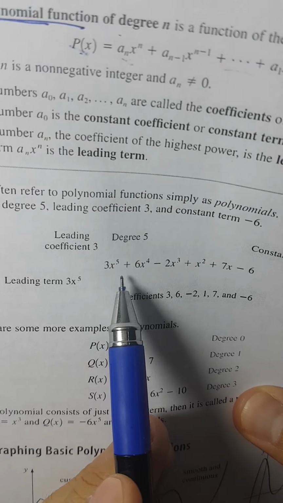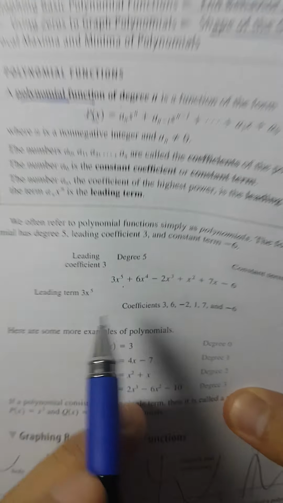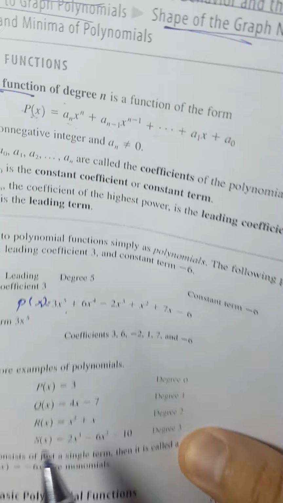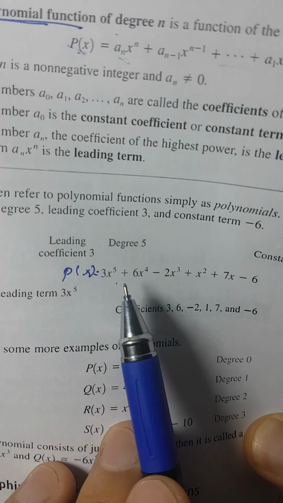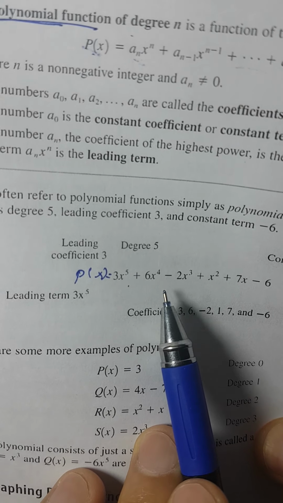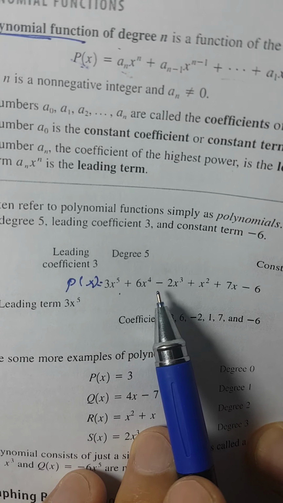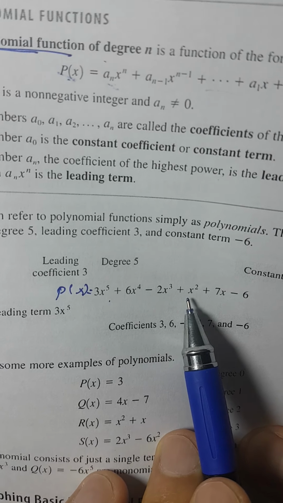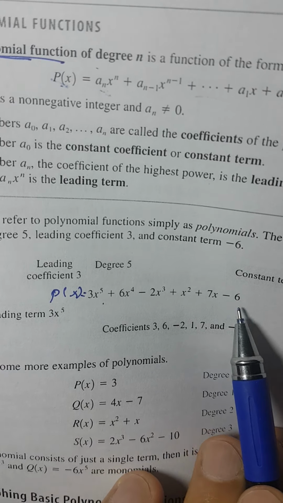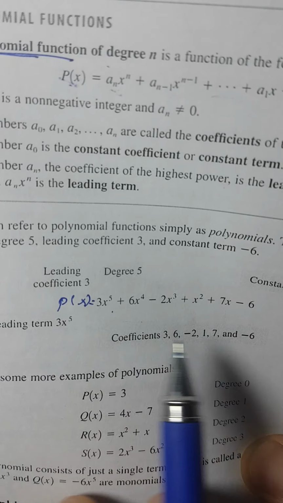We have p of x, or f of x, anything, for example 3x to the power 5, 6x to the power 4 minus 2x cubed plus x squared plus 7x minus 6.